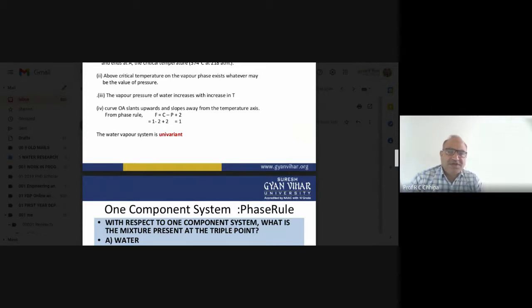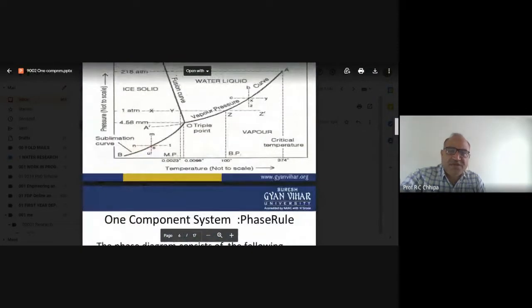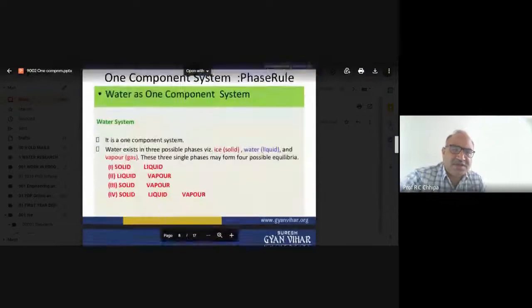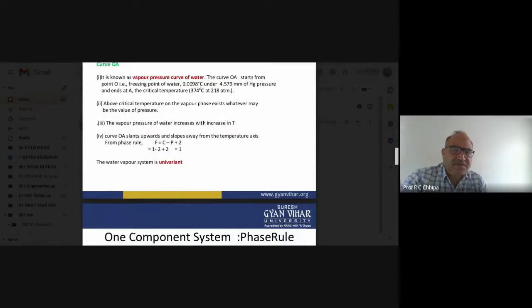The correct answer itself is 1, because 1 is the component and 2 are the phases at equilibrium. OA itself is the equilibrium. So here we can say the triple point and A. The answer itself is one.